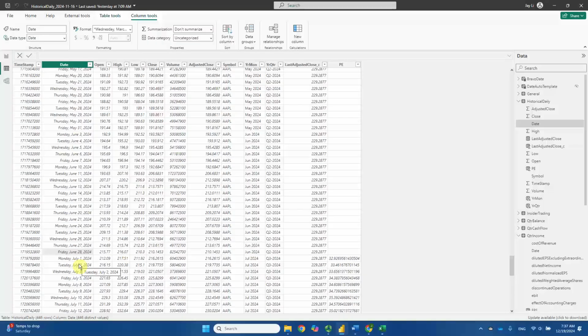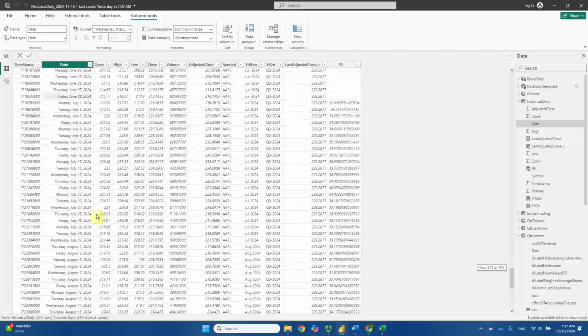So again, for this second quarter of 2024, we cannot retrieve EPS last year from the quarterly income data. You will retrieve a blank value. So in that case, the PE ratio will also be blank. So that's the reason we have those blank PEs.